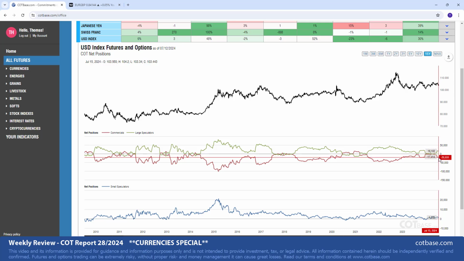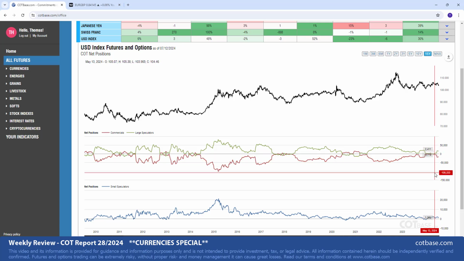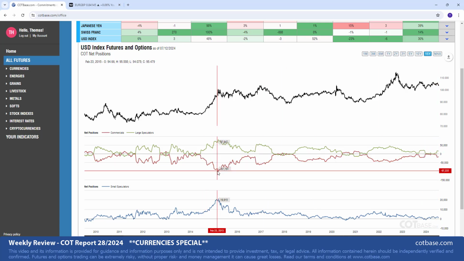Now, if you look at the simple US dollar index with its own COT data, you can find that there's not necessarily such an obvious extreme in the market. It's not even such a great bearish COT extreme. We have seen much greater bearish extremes in the dollar index.